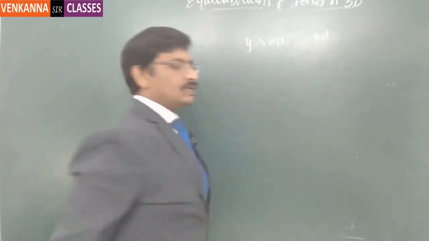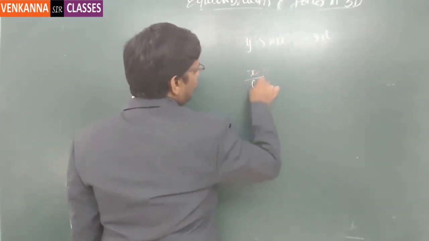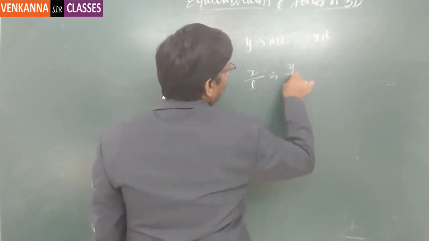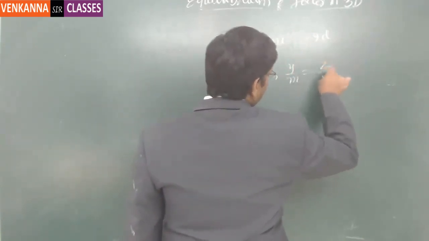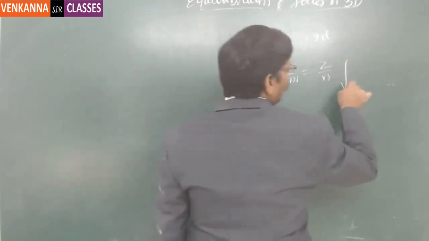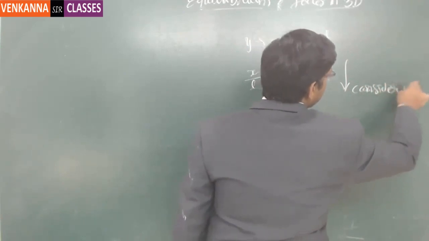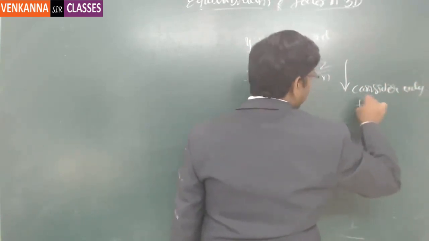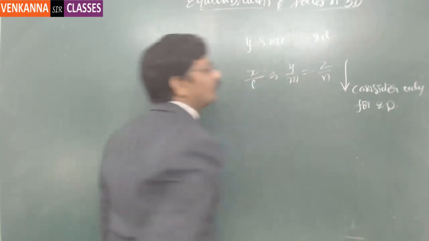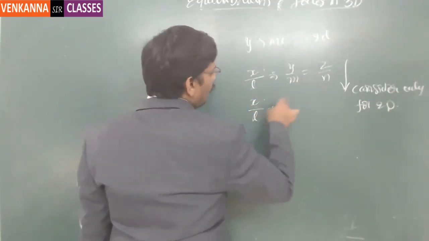The same equation we have got in case of 3D is x by L is equal to y by M is equal to z by N. Now if I consider this only for 2D, then it is going to be x by L is equal to y by M.